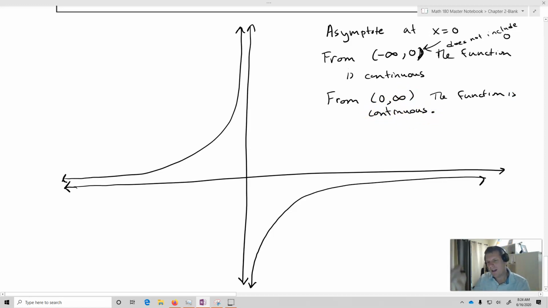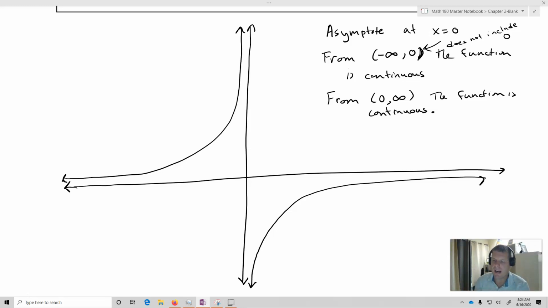Our limit as we approach 0 from the positive side is going to end up equaling negative infinity. But that's okay. That's not a problem, as long as it keeps going. There are no breaks.